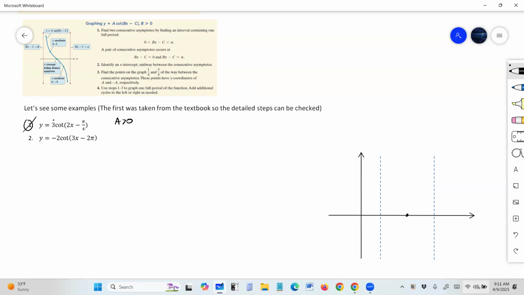The two dashed lines that you see here are the asymptotes. This is going to be my x-intercept, which I'm going to find last. The equation of the vertical asymptote, I don't have it yet, but I'm going to write it over here. And I know that A is greater than 0, so I have a regular cotangent as you see up there.